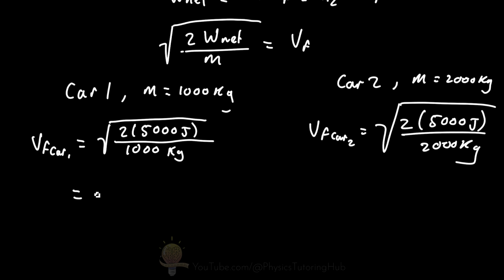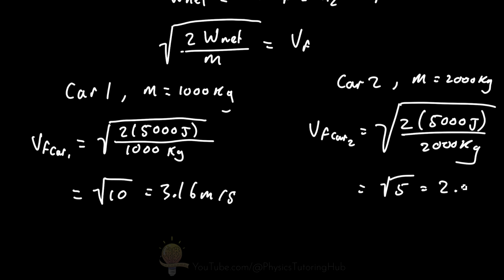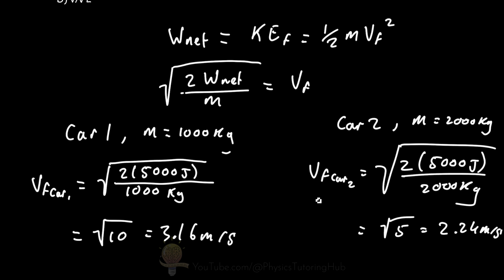Now we get values of root 10, which is equal to 3.16 meters per second, and for car 2, we get a value of root 5, which is equal to 2.24 meters per second. Now the final speed of the second car, the heavier car here, has a lower value than the final speed of the first car.